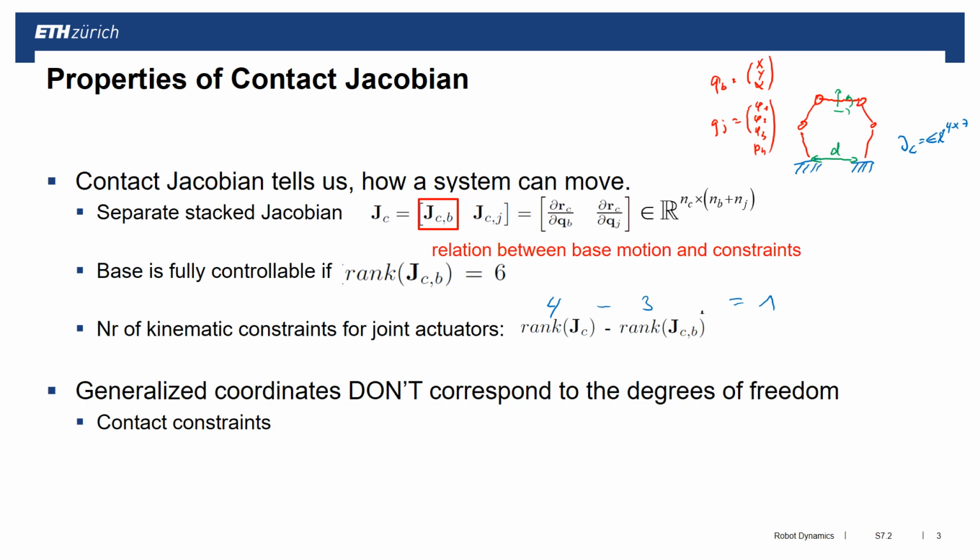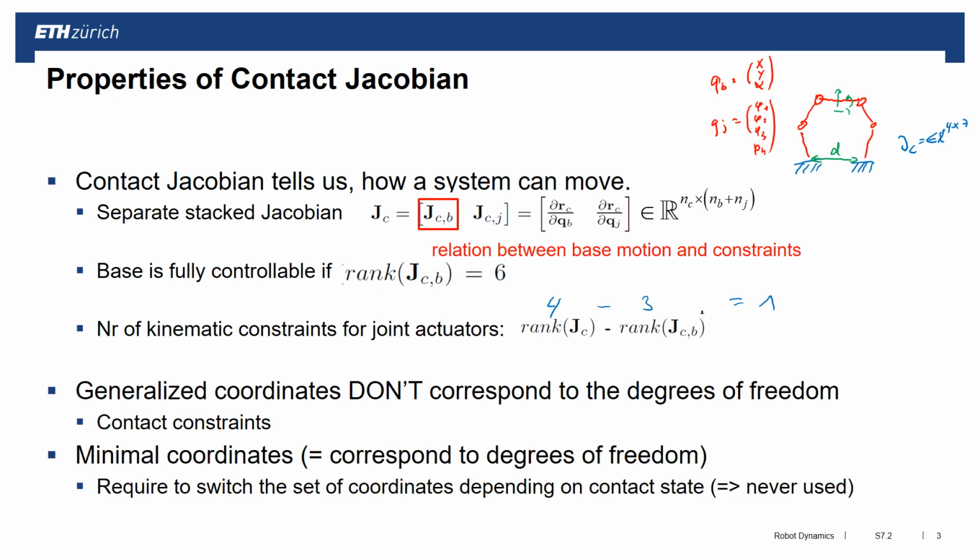Now there's one last thing that I want to mention here, namely that generalized coordinates don't correspond to the degrees of freedom of the system. So this system that we have up here has 7 generalized coordinates, but for the constraint there are 3 degrees of freedom in how the system can move, and there is 1 internal constraint, and all of that is determined by the contact constraint.